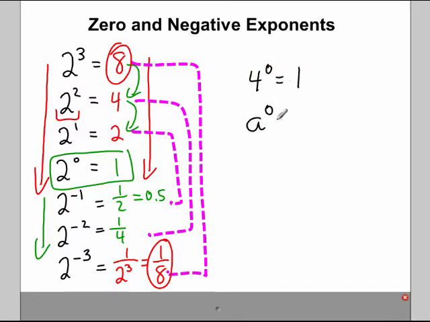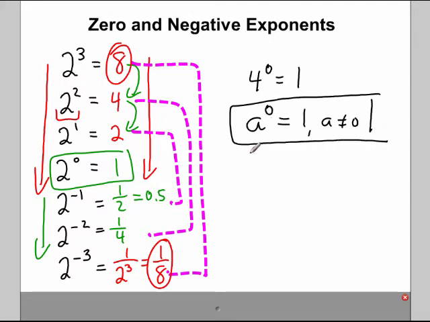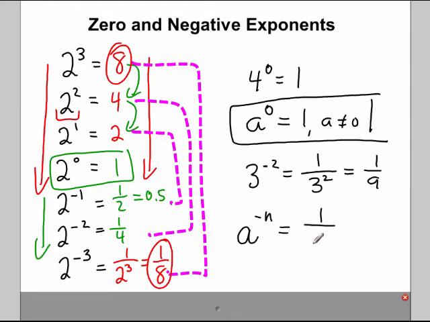A to the exponent 0 is going to come out to be 1, with one exception, a can't be 0. And in terms of negative exponents, 3 to the negative 2, the answer will be the same as the answer with a positive exponent except over 1. So the reciprocal of the answer with a positive exponent, in this case 1/9. So a to the exponent negative n would be 1 over a to the positive n, where a can't be 0.